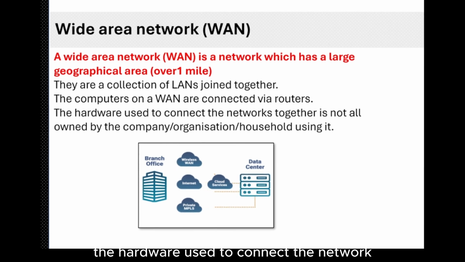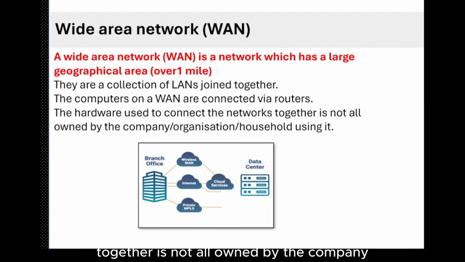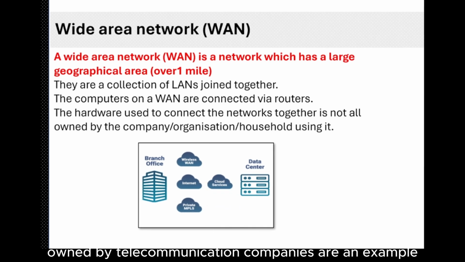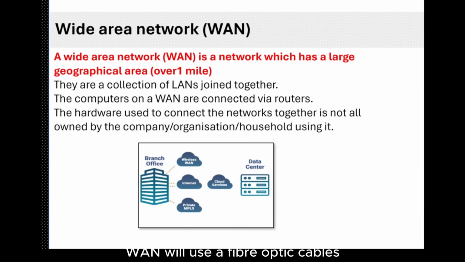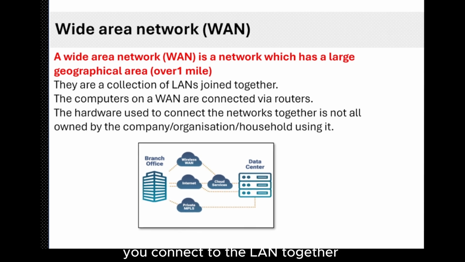The hardware used to connect the network together is not all owned by the company, organization, or household using it. Telephone lines owned by telecommunication companies are an example. WAN will use fiber optic cables, telephone lines, and satellite to connect the LANs together.